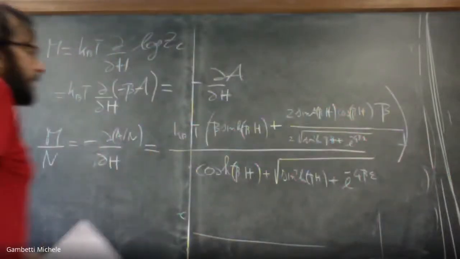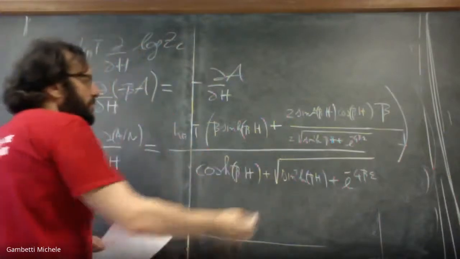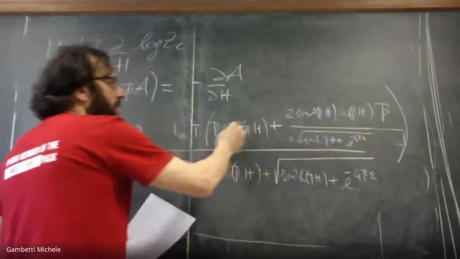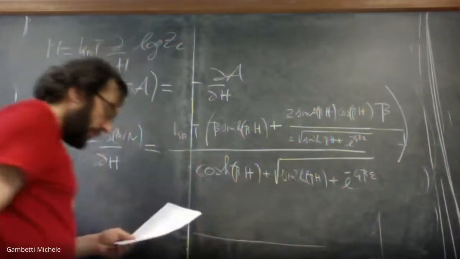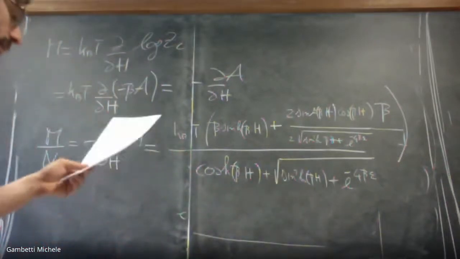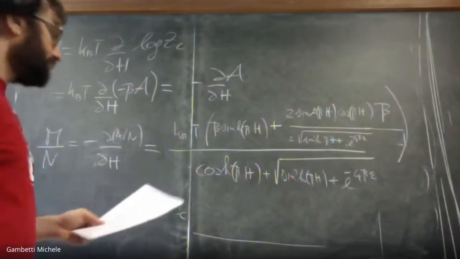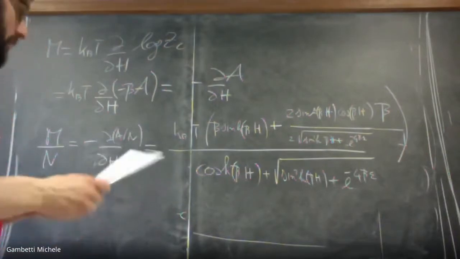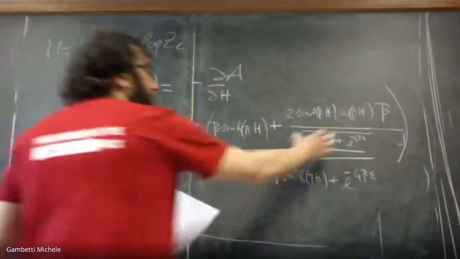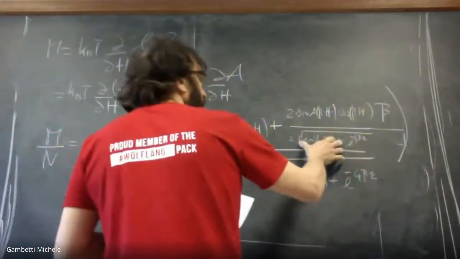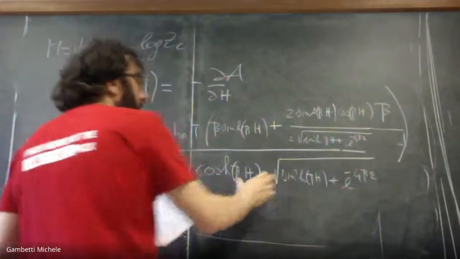Good. Now you do a little calculation, so you put this here, and you will realize that actually the denominator, or part of the denominator, drops. Yeah, so you get here another factor, which is the square root, and here this term cancelled.